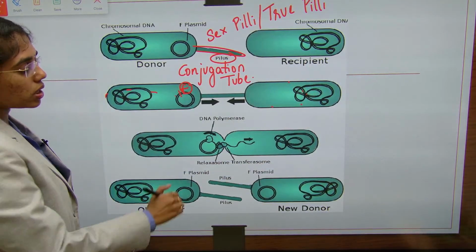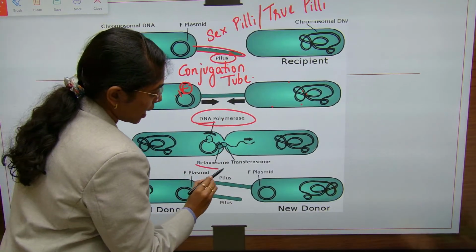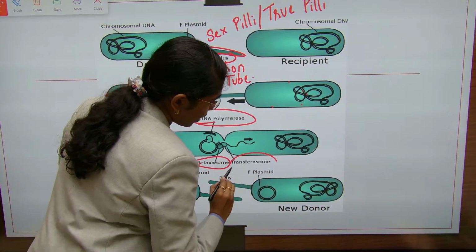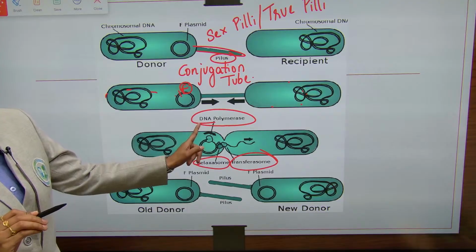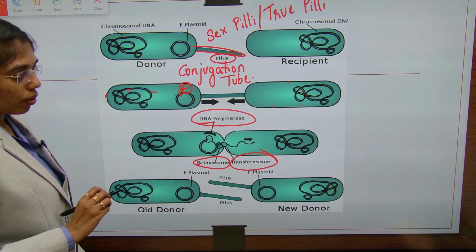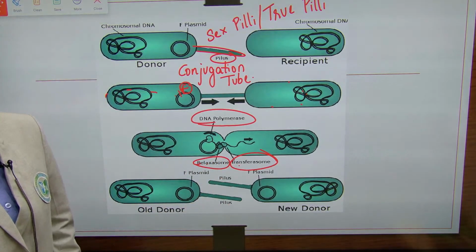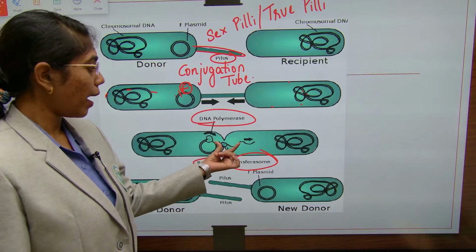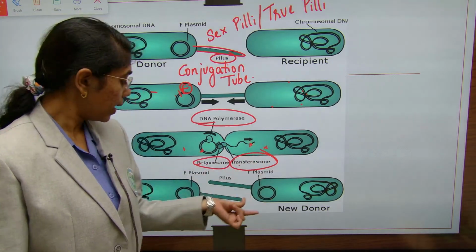Here the activity of DNA polymerase and enzymes like relaxosome and transferosome will come into picture. DNA polymerase will be synthesizing the new strand of DNA. Relaxosome and transferosome will facilitate the movement of F factor from donor cell to recipient cell. Till here it is clear.